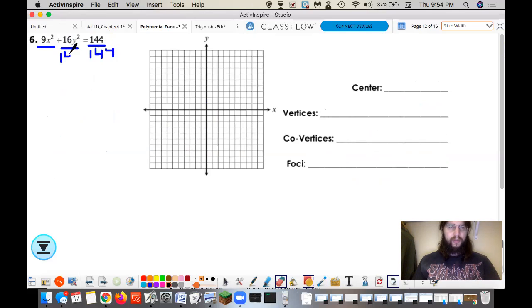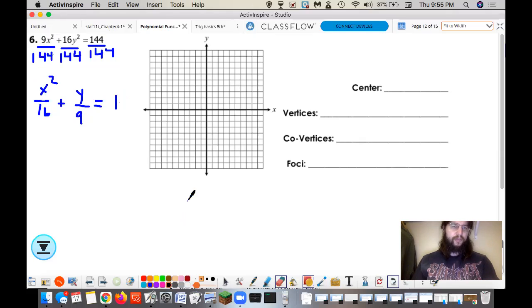I'm just gonna rewrite the dang thing. Simplify, of course. Now, of course, you could simplify this in your head. 144 is 12 squared, right? So that's 3 times 4 times 3 times 4. So this is 16 on the bottom. And this one is 9.